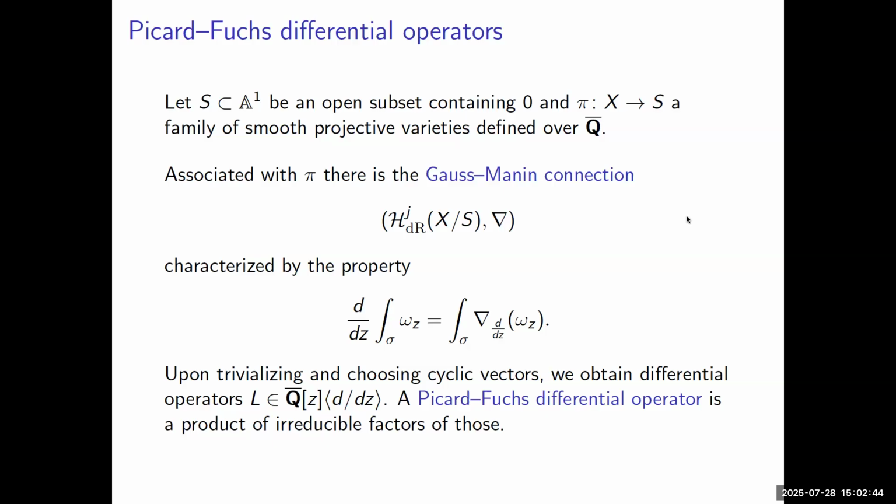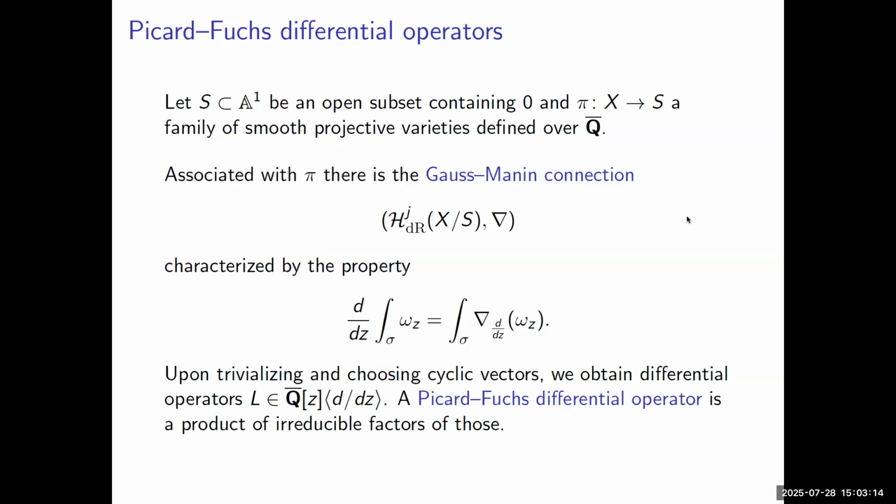You can choose a cyclic vector and then write your connection in terms of a differential operator, L. And one way to define Picard-Fuchs differential operators is to look at all the differential operators you get this way. They are maybe not irreducible, so you can factor them, and you can then combine all kinds of factors, and the class you get is Picard-Fuchs differential operators.